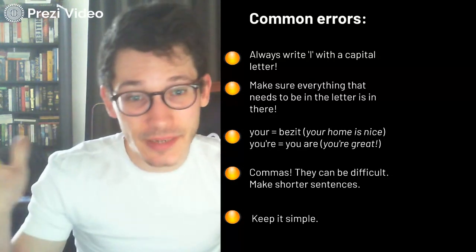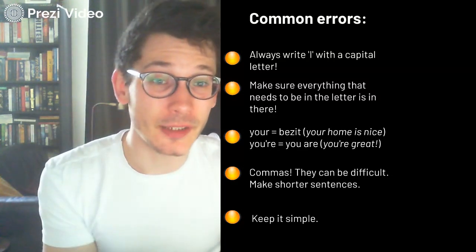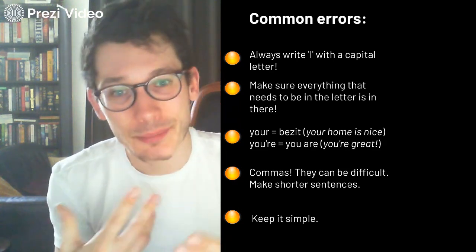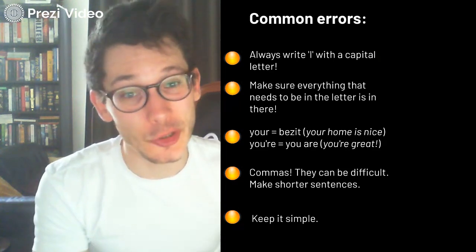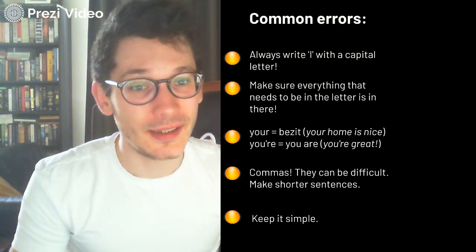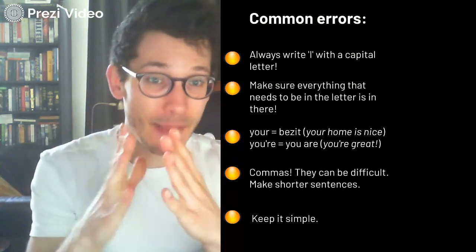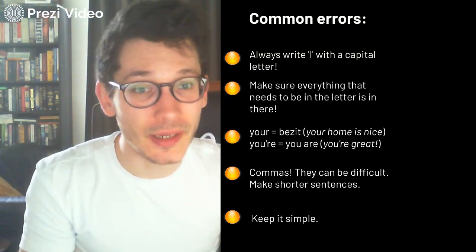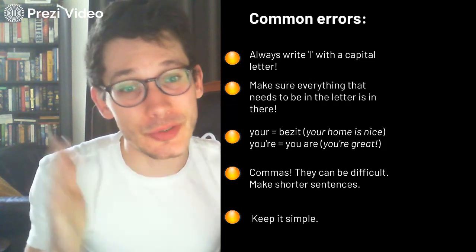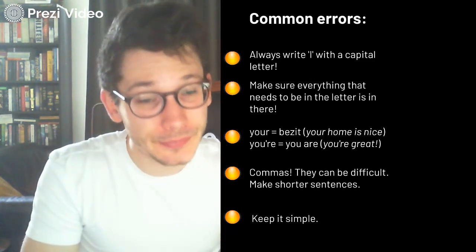If your sentence is getting very, very long, there's a big chance that you're making a comma mistake somewhere. So look and see if you can make that sentence a little bit shorter to make sure you're not making any mistakes. Okay? I've seen more people make mistakes when they made really, really long sentences than I've seen people that annoyed me with many short sentences. So just keep it all a little bit shorter, okay?